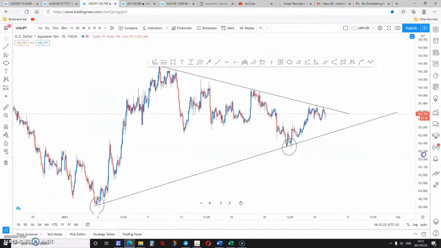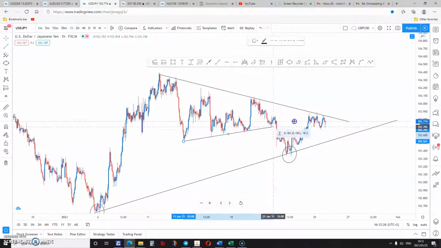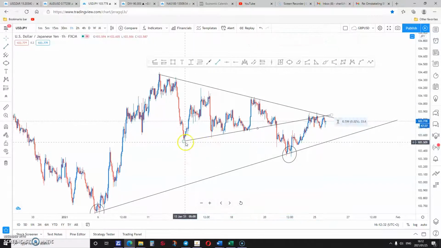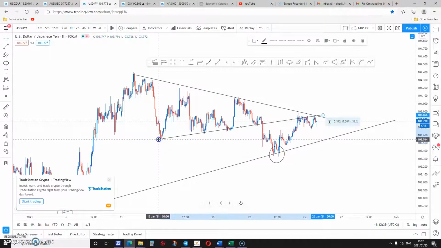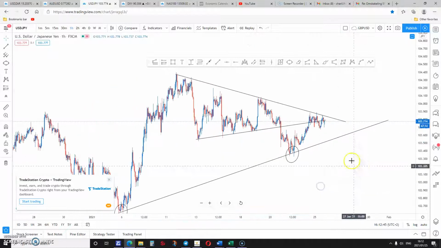Okay, here's a good example. Now a lot of people draw their trend lines wick to wick. Some do body to body, some do a combination. I do body to body across the board.